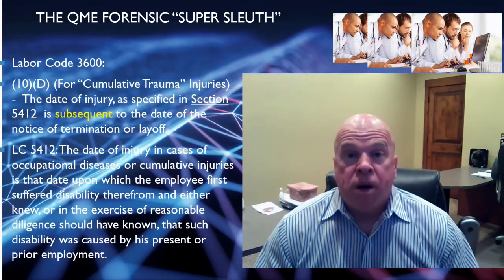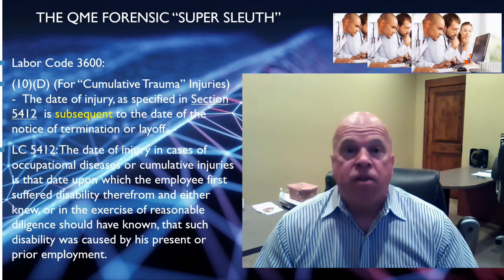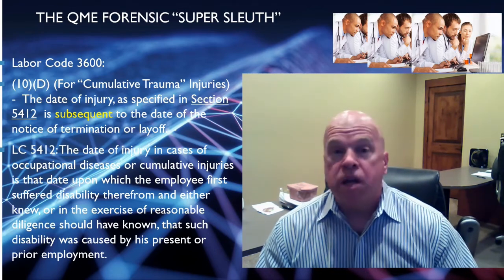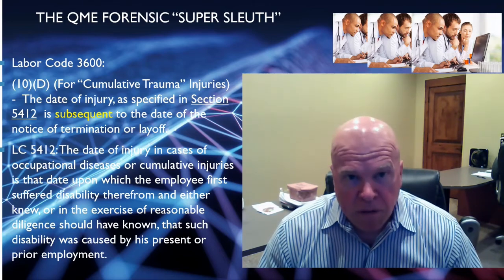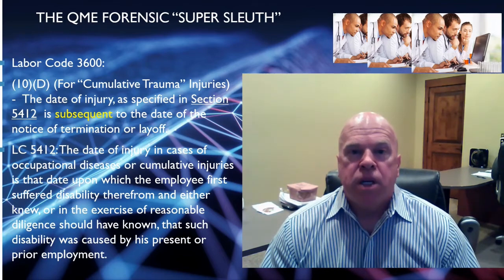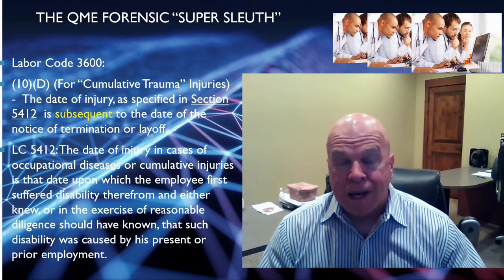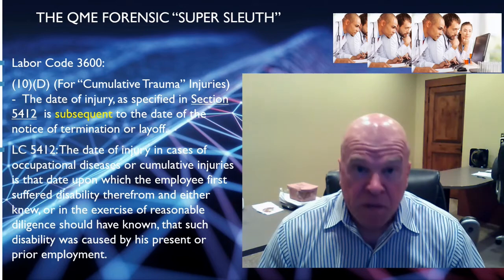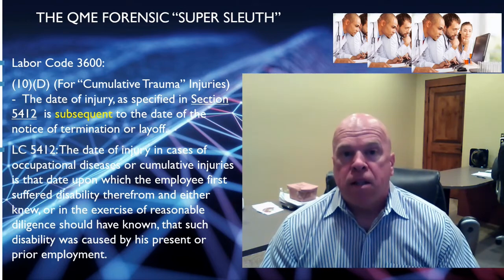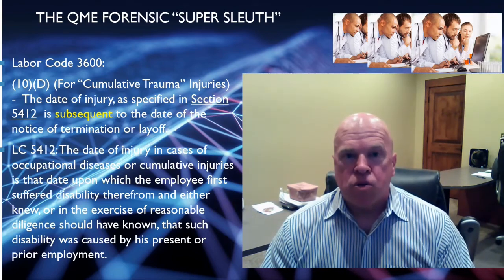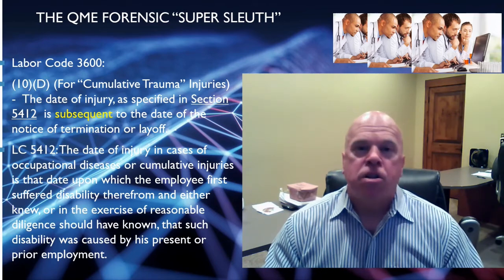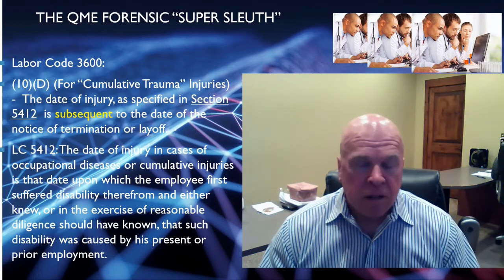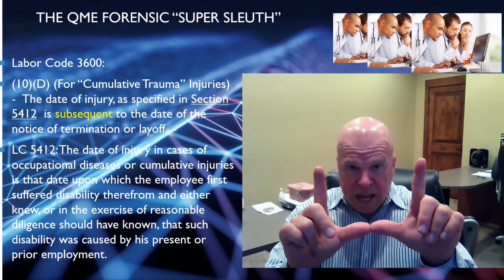Okay, so let's talk about the exception that lawmakers have allowed under Labor Code 3600 to allow cumulative trauma injury claims, even when they're filed post-employment, to move forward and become accepted claims. So remember what we just talked about related to specific injury claims. When the date of injury for a specific injury is after the notice of termination or layoff, but prior to the effective date of termination or layoff, it's within that narrow window.